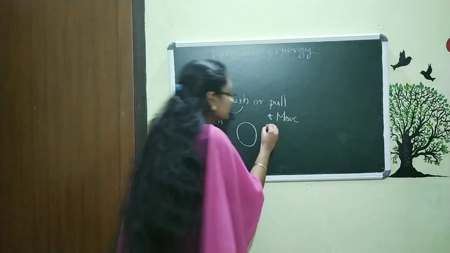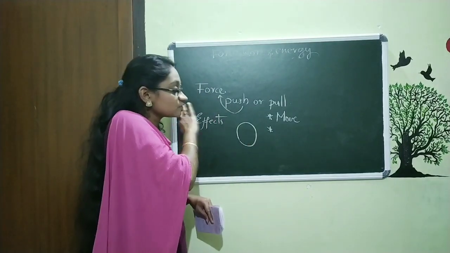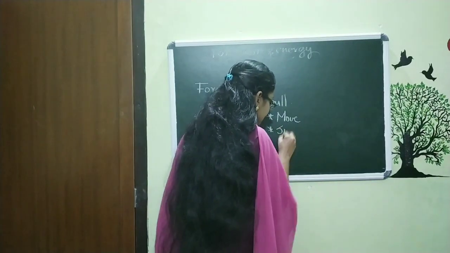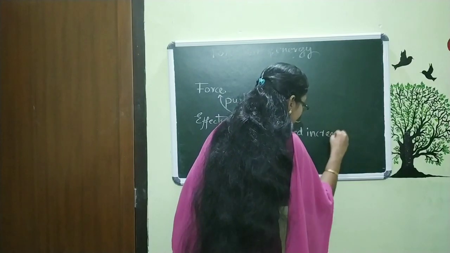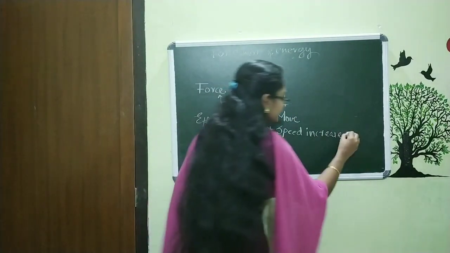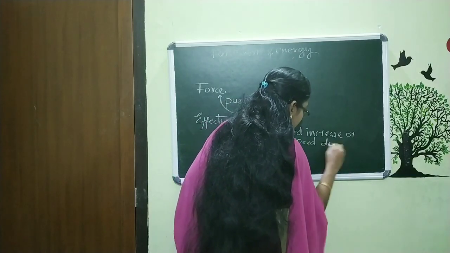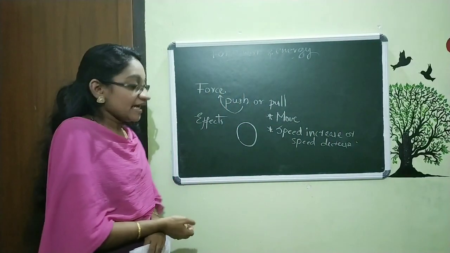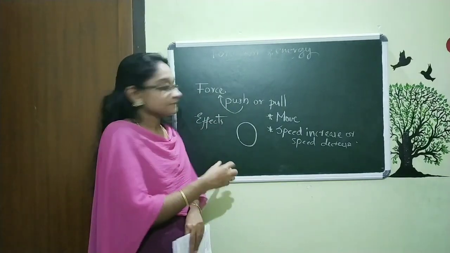The second one, when the object is already in motion and I give force on it, the speed will increase or decrease. And we can stop a moving object by giving a force.